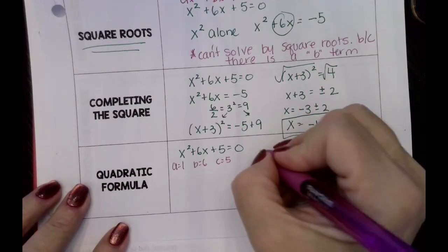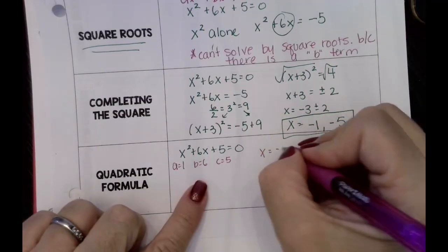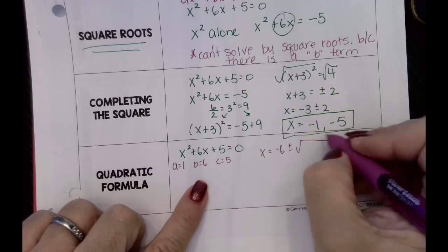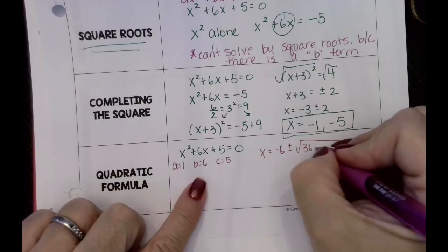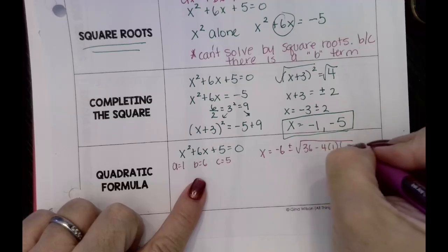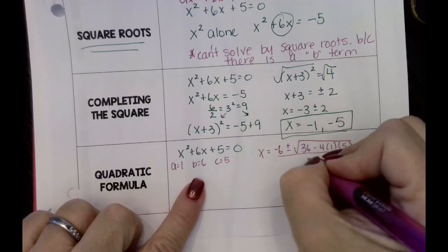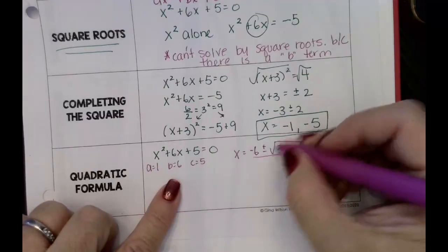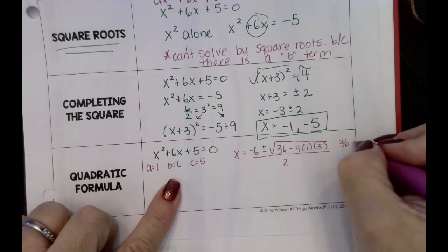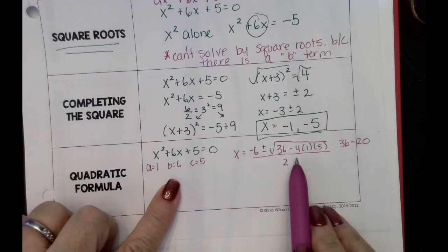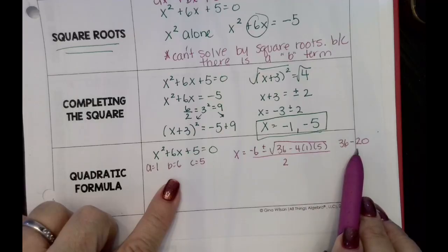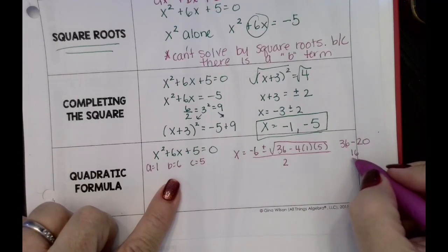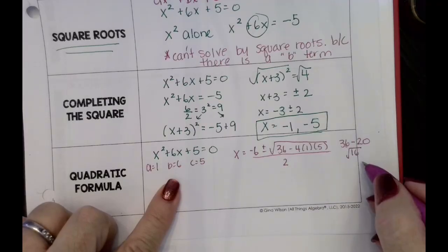Here's what I have: x equals negative b, so negative 6, plus or minus the square root of b squared minus 4ac, all over 2a. When I simplify this, I would have 36 minus 20, because I have negative 4 times 5, which is minus 20. So this is 16. The square root of 16 is 4.